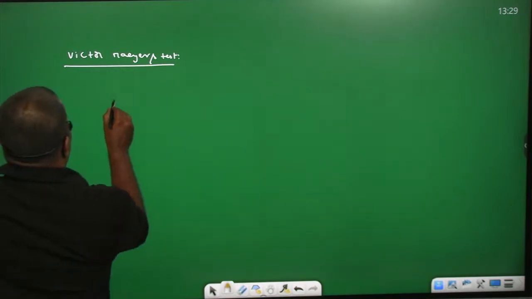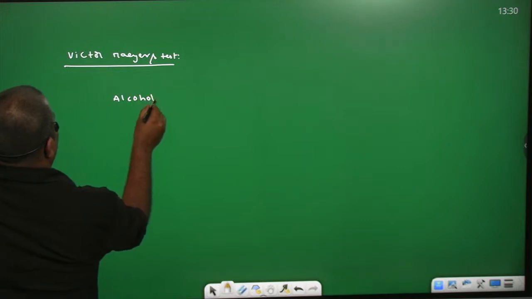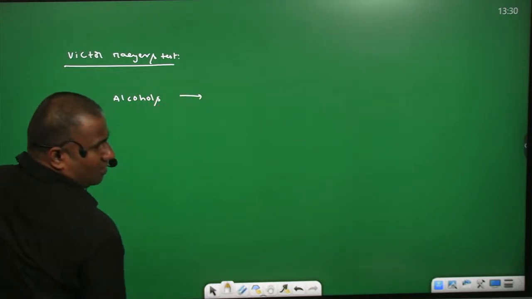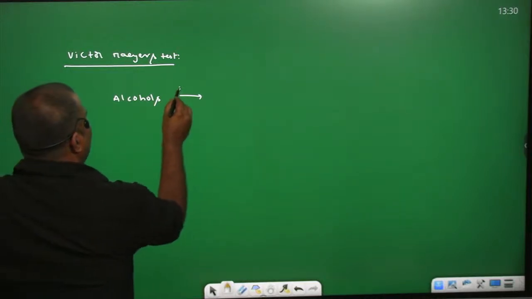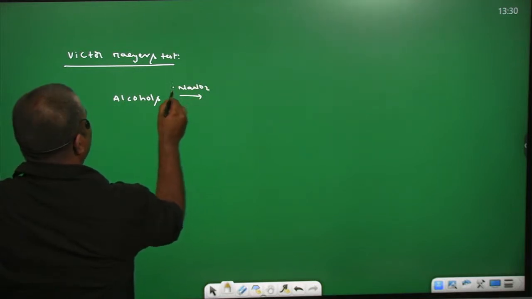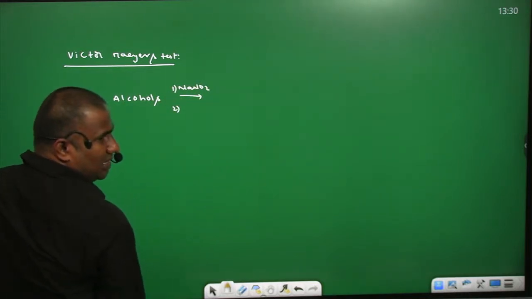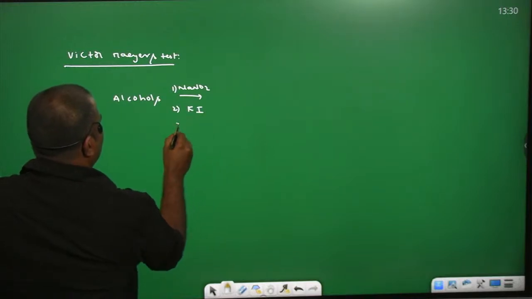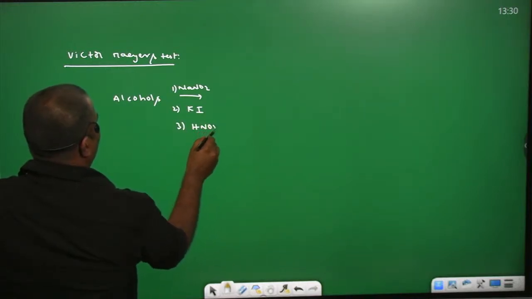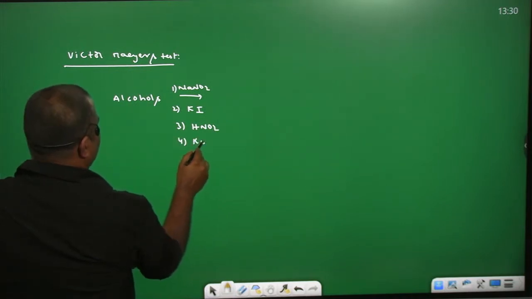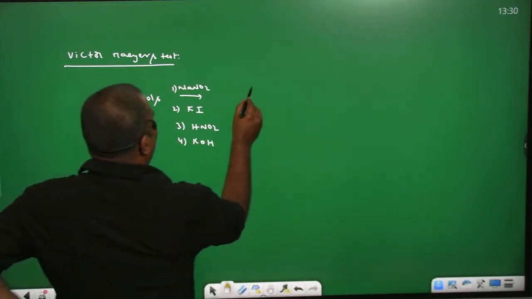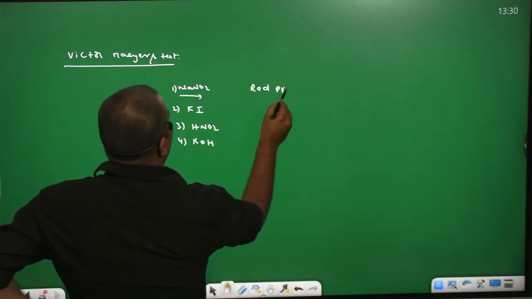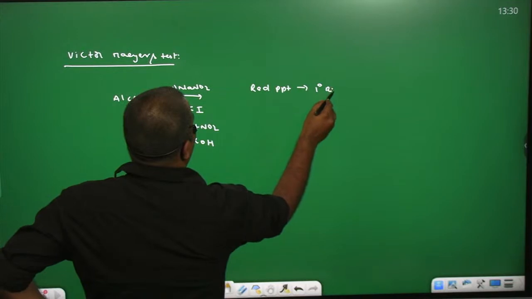See, alcohols are going to be treated with, first, with what did I say to treat? Initially we are going to treat with NaNO2 first reagent, further reagent treated with KI, third reagent HNO2, fourth reagent KOH. I told you to treat with these. If you add these 4 reagents, if you get red color, red PPT forms, that indicates primary alcohol.